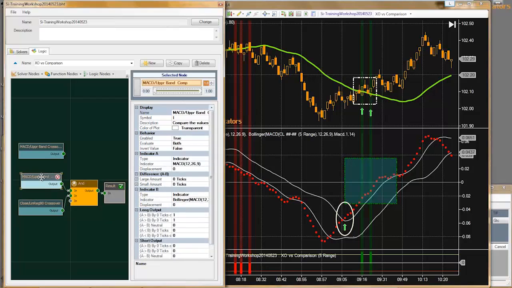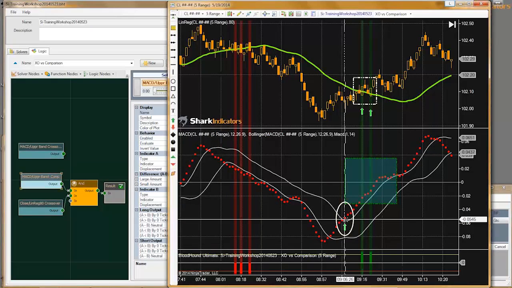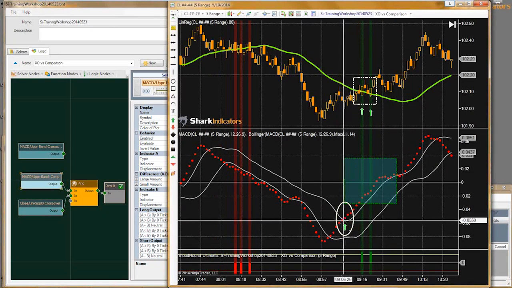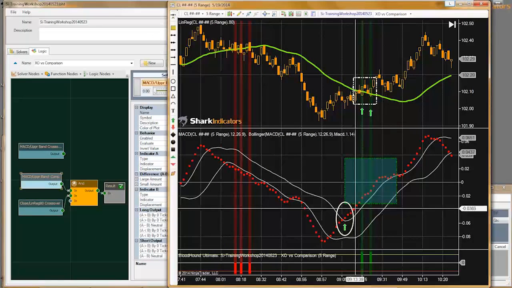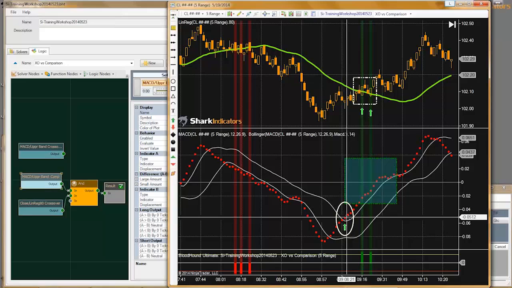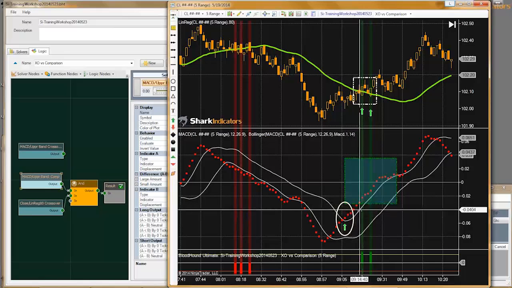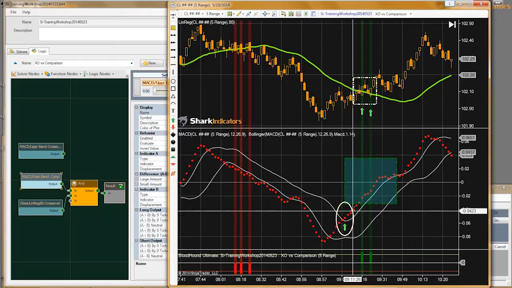So in general, condition 1, whichever condition comes first, that would primarily be the comparison solver, right? If the MACD is essentially always above, if the MACD condition happens first, then you'll want this to be the comparison solver.